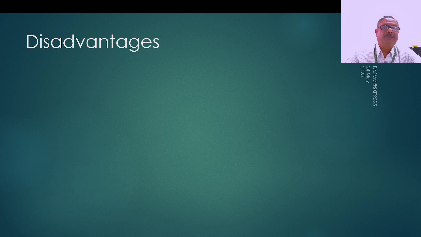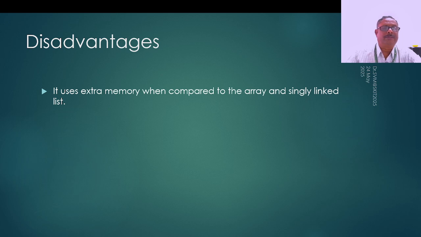Yes, nothing comes free. They do have some disadvantages. Number one is extra memory is required compared to an array as well as a singly linked list. Compared to an array, you need space for storing data only, but in a singly linked list you need space for storing data as well as space for storing the address where the next node is located.